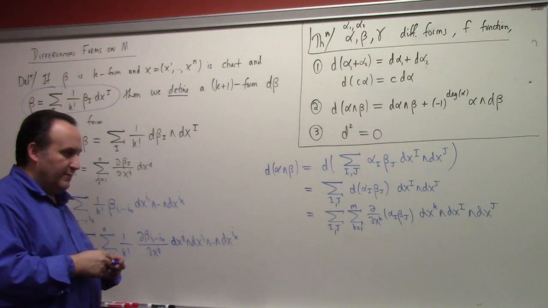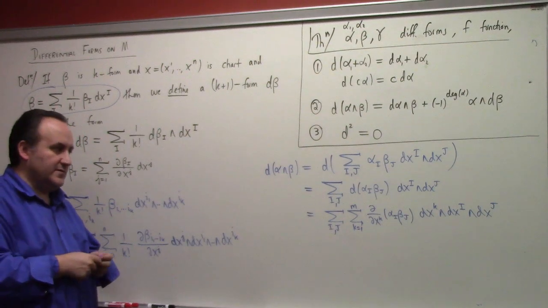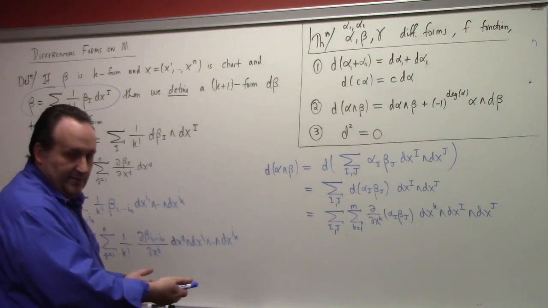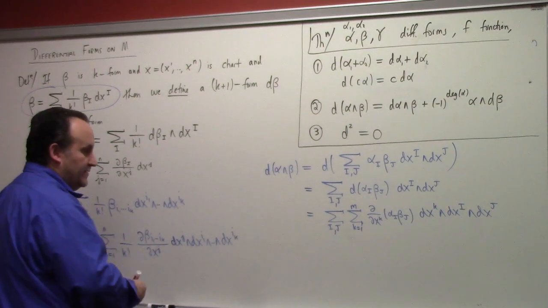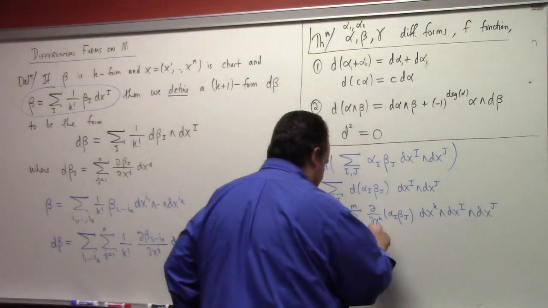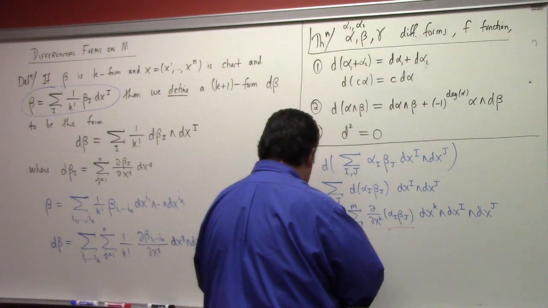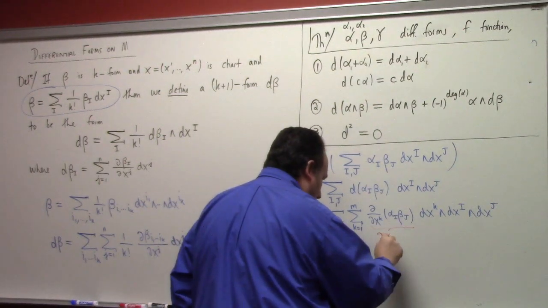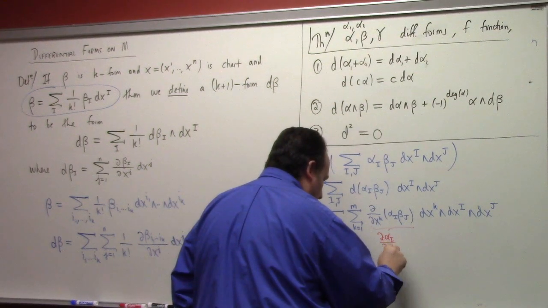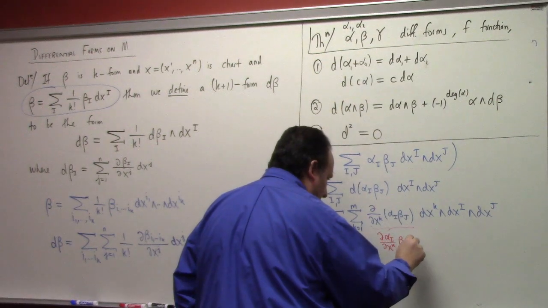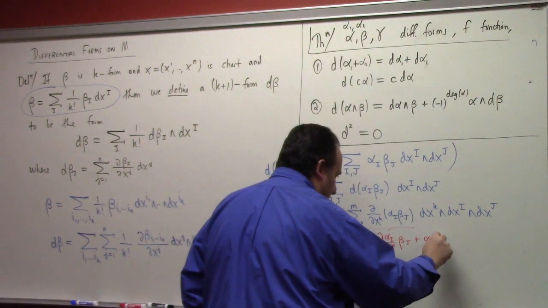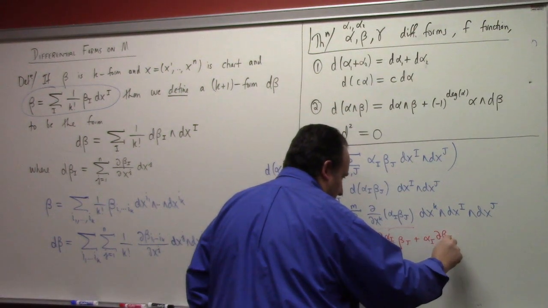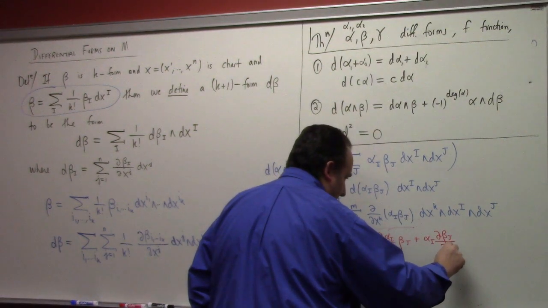But you remember what we proved about the derivative on a manifold. We proved it satisfies the product rule. It's true here. So what's the product rule give me? The product rule here gives me partial alpha_i partial x^k beta_j plus alpha_i partial derivative of beta_j with respect to x^k.